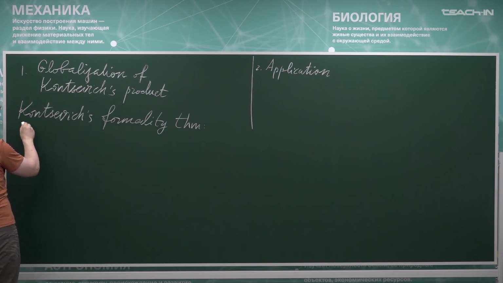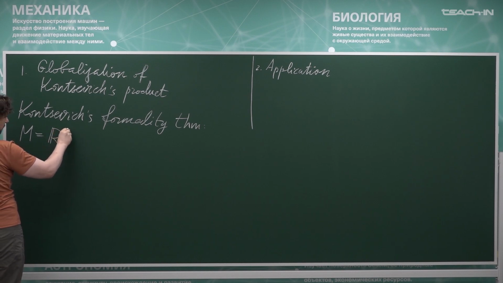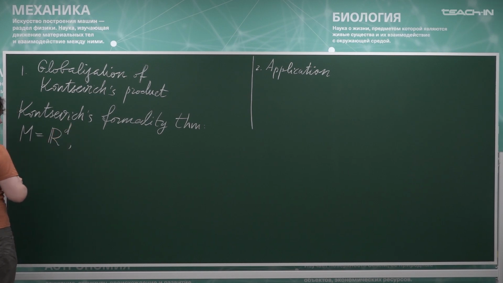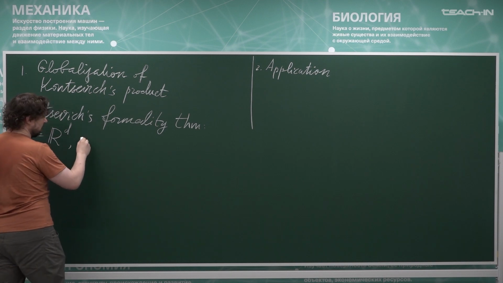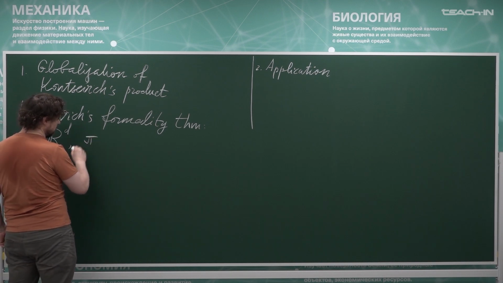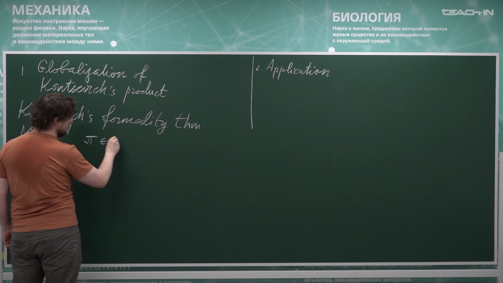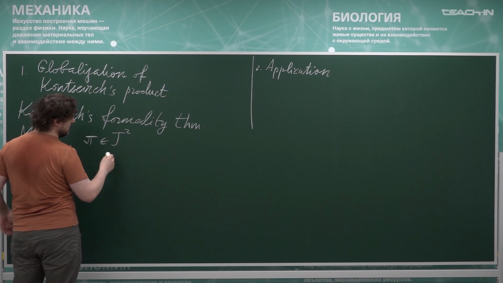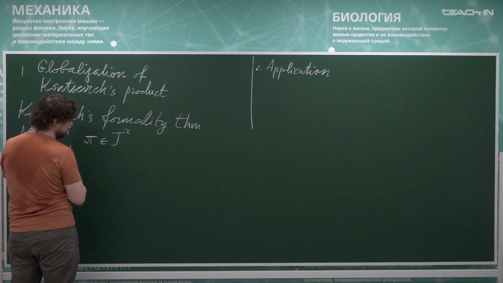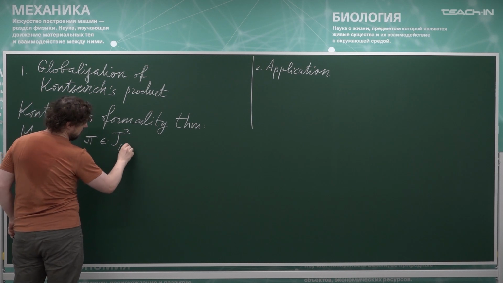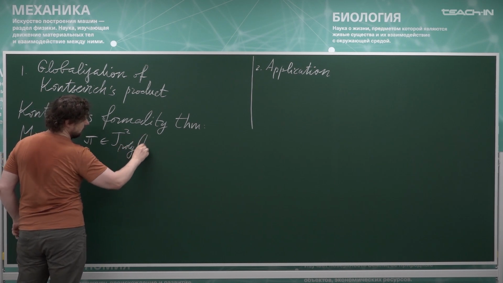Let us consider a manifold M equal just to a real affine space of arbitrary dimension, and let pi be an arbitrary Poisson vector on this space.